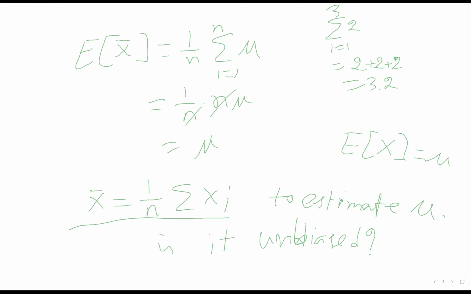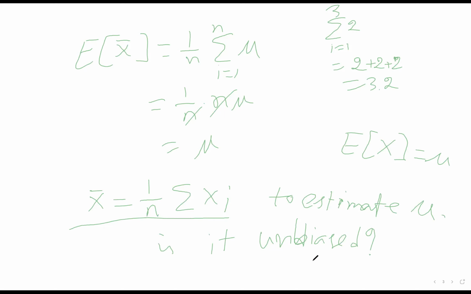Is the sample mean an unbiased estimator for mu in this case, when the xi's are identical and independent? Anyone? Okay. So I got several answers and all the answers are no. So why do you think that this is not an unbiased estimator?